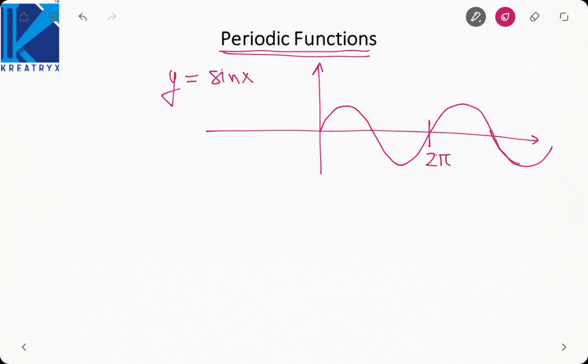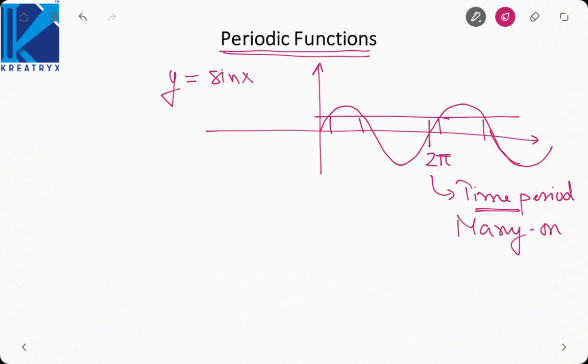This interval is 2 pi. So the interval after which it repeats is known as the time period of the function. Okay. And all periodic functions are many-one. Why? Because if you see, the same output is coming for multiple inputs. So it is a many-to-one type of function.